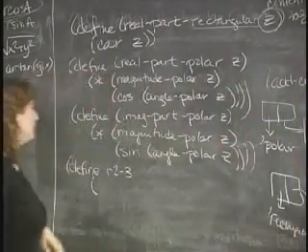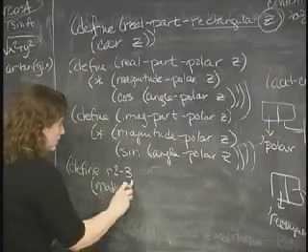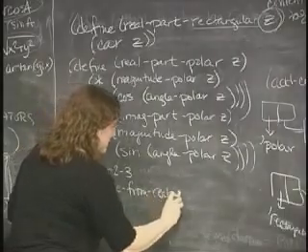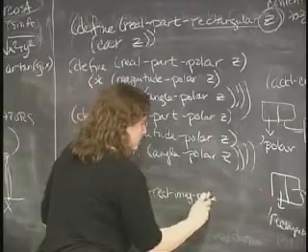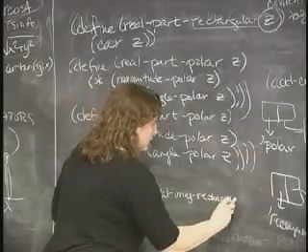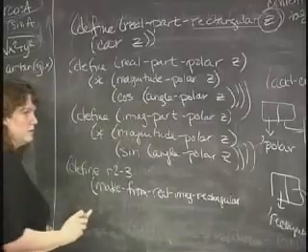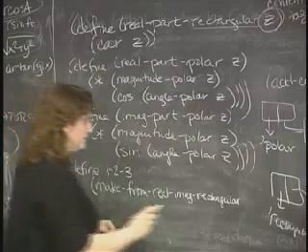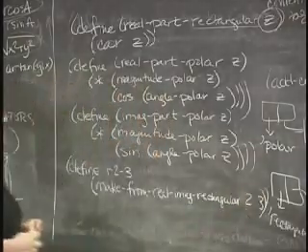We want to make a rectangular number, so I'm going to call make-from-real-imag rectangular. I'm going to make a number with 2 and 3. So let's say I've made that call.